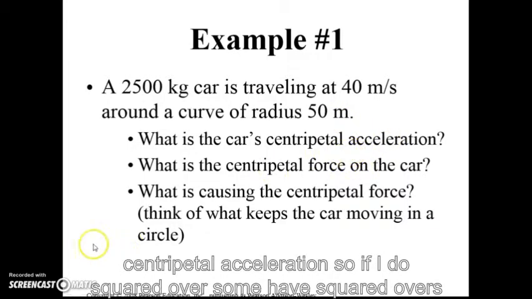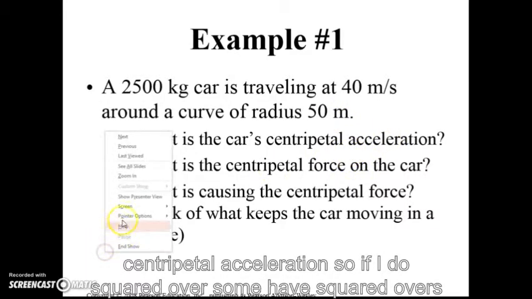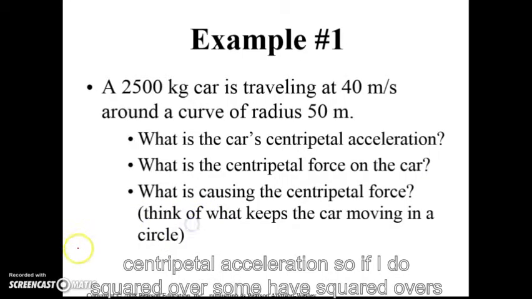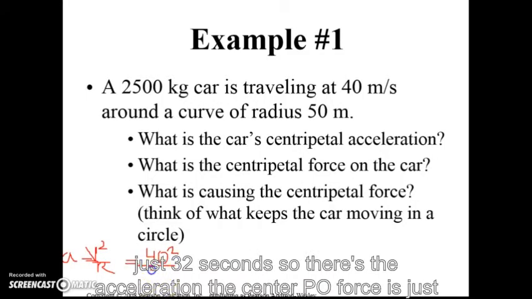The car's centripetal acceleration, so if I do v squared over r equals a, I'm going to have 40 squared over 50 equals 32 meters per second squared. So there's the acceleration.